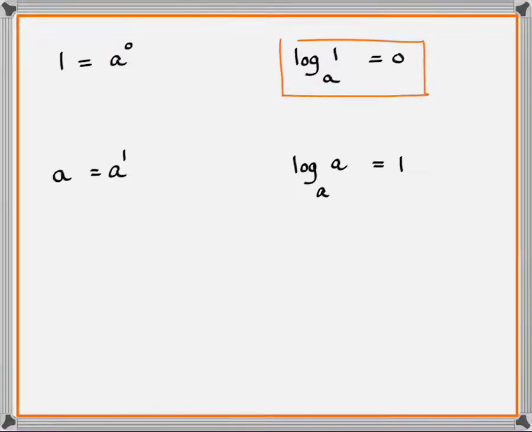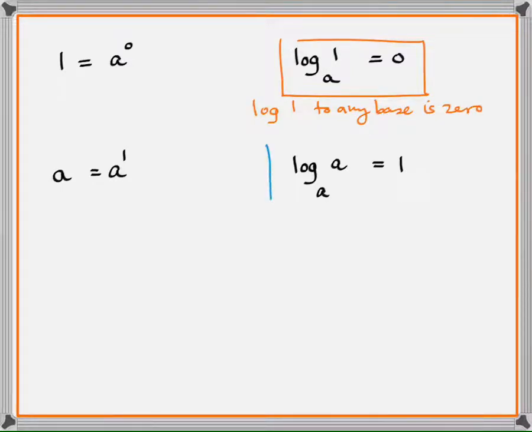Okay, so now we know that any number raised to power of 0 is 1. How can I write it in the log form? Log 1 base a equals 0. Any number raised to power of 1 is the number itself. Therefore, log a base a equals 1. Now, this first rule can be written as log 1 to any base is 0.